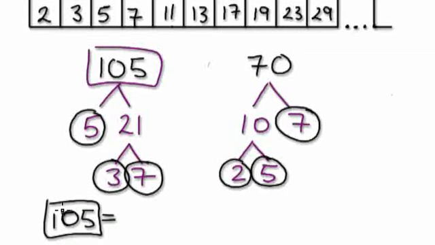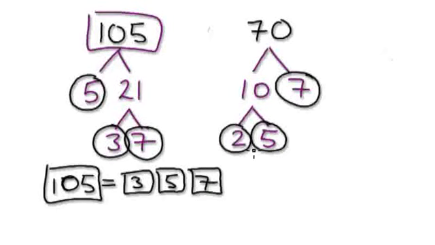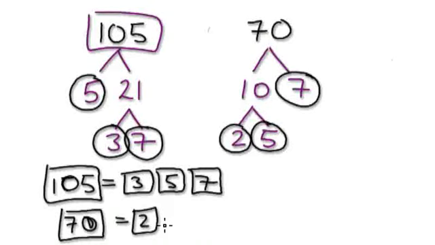Visualize this number here, and try and keep it in order: 3 times a 5 times a 7. Now let's try and visualize 70 as a 2 times a 5 times a 7.